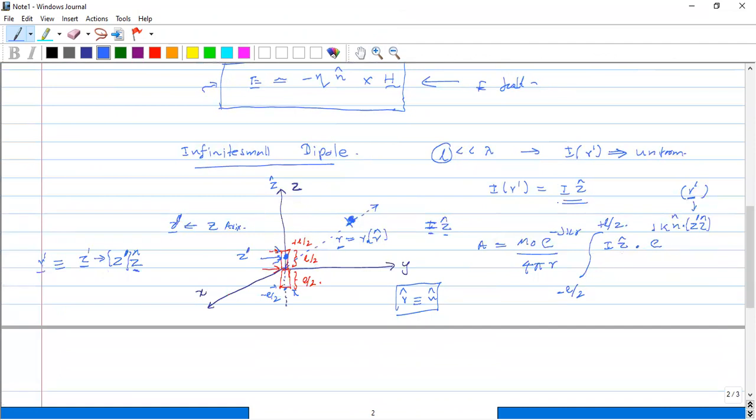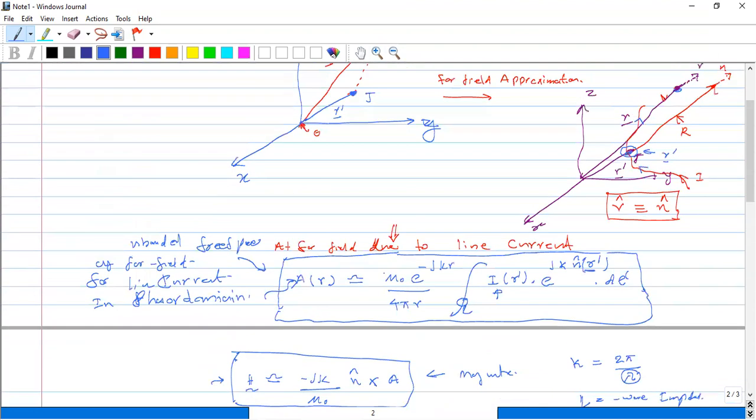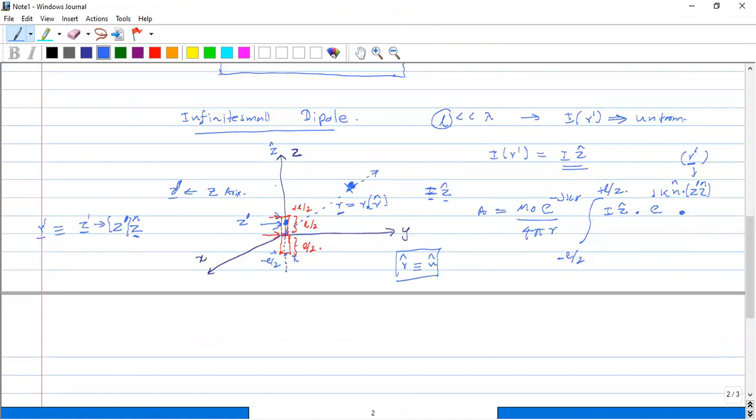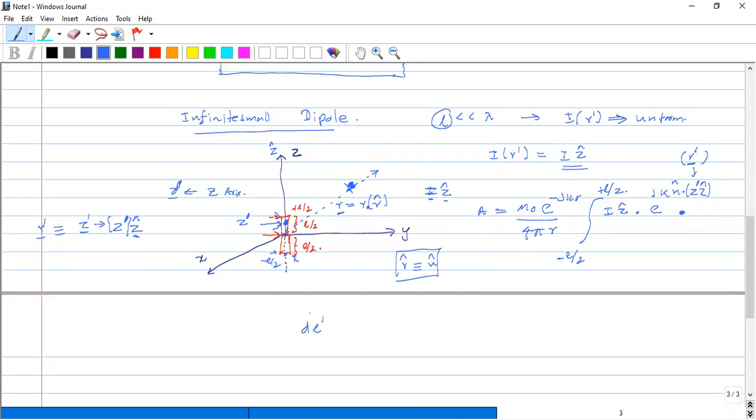Now you have to do dl dash. Here l means along this line, and that line is along the z axis. So dl dash is along the z axis, so it should definitely be dz dash.